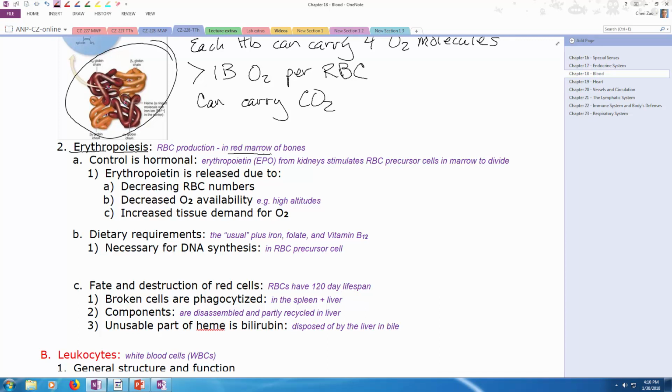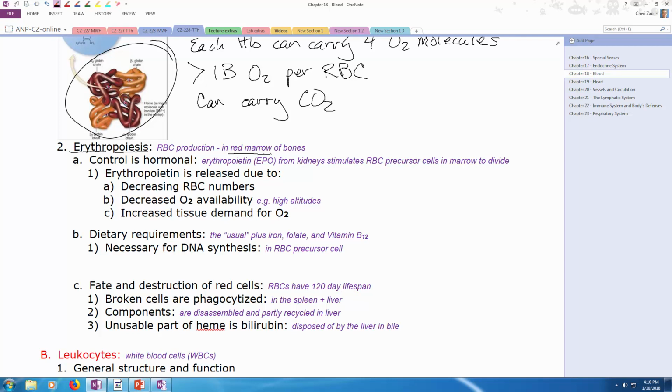And where else? There are two other important areas. We don't have a lot of areas where we get red blood cell formation anymore. The head of the humerus and the femur. Those are the only areas where erythropoiesis actually occurs.